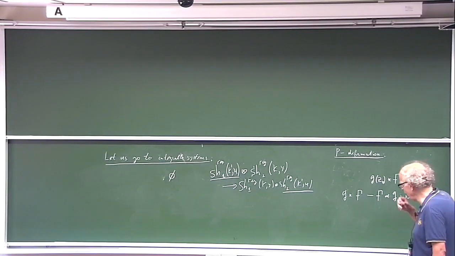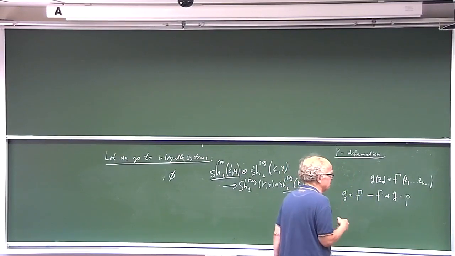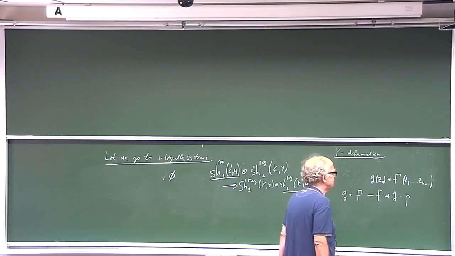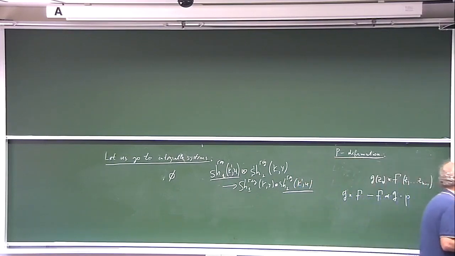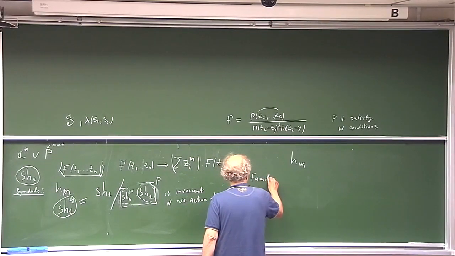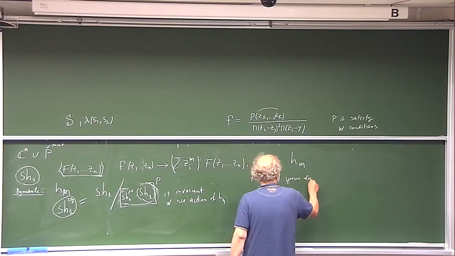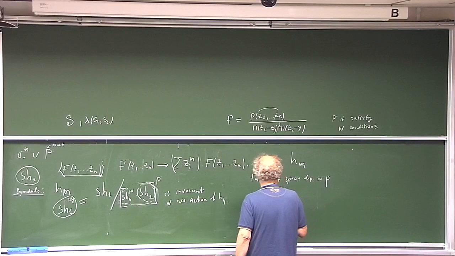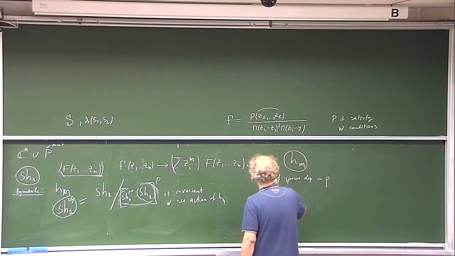The simplest way to see it is just to look at the formula, but there is also some simple argument about this. Anyway, the result of such things gives us the fact that we have a family of spaces depending on P. Yes, and this is a flat family of spaces, and operators Hm are acting there.